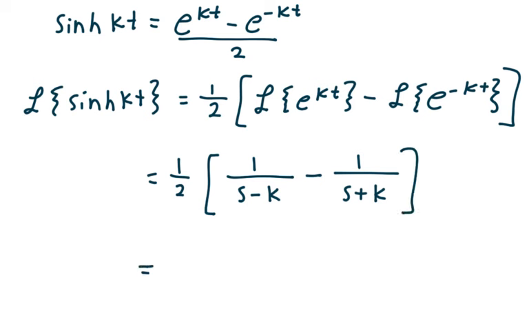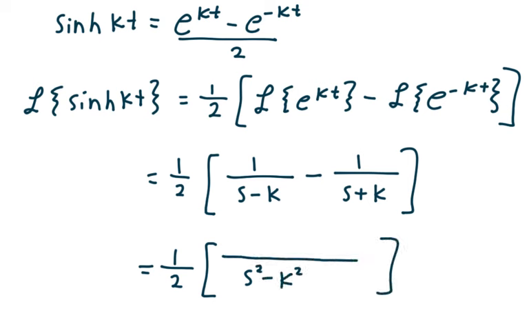Now, if I get a little common denominator here, the common denominator will be the product of those denominators. So, in other words, it's s squared minus k squared. In the numerator, I get s plus k, right? Minus s minus k. But the s's are going to go away.